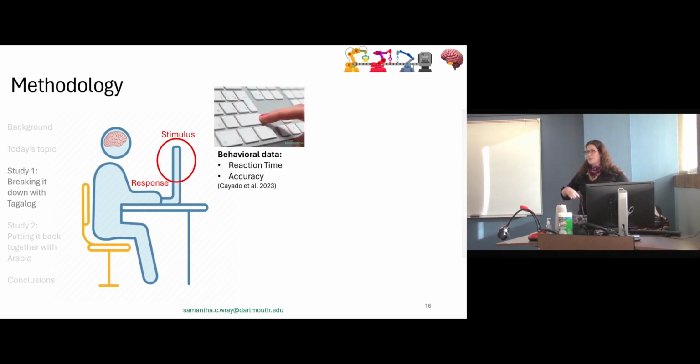Something that is like a button press. And that button press can be analyzed further with respect to reaction time, how quickly you're able to do something, and accuracy, how well you did something. So the behavioral data for this research, I'm not going to talk about today because I think the brain data is more exciting, but I do recommend you take a look at the associated paper.